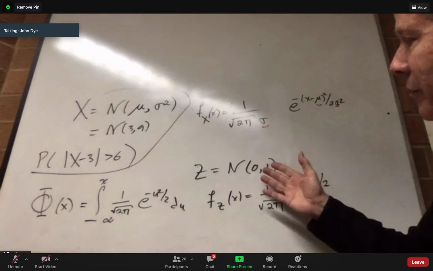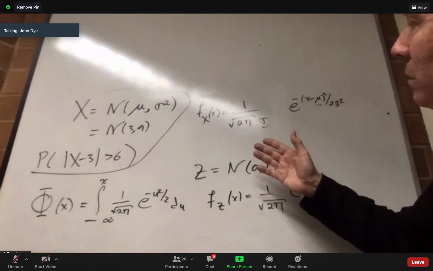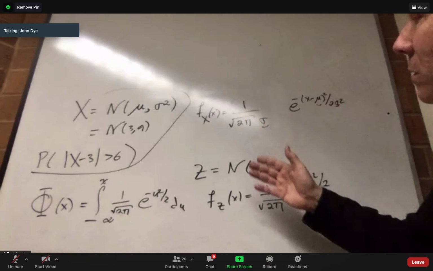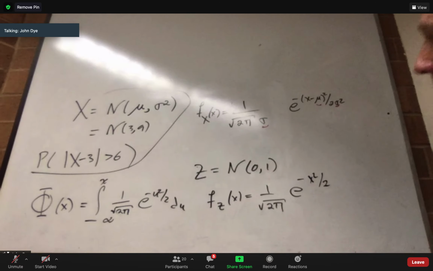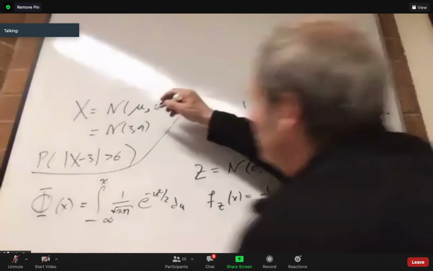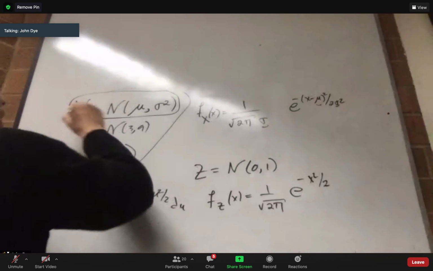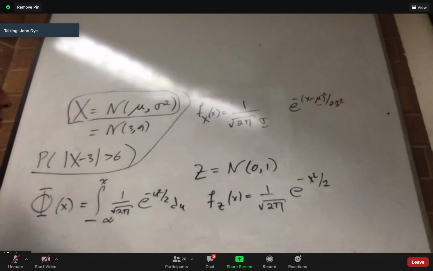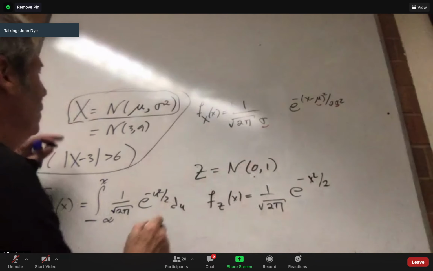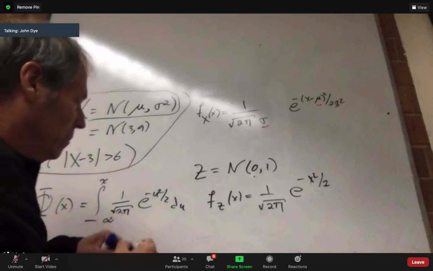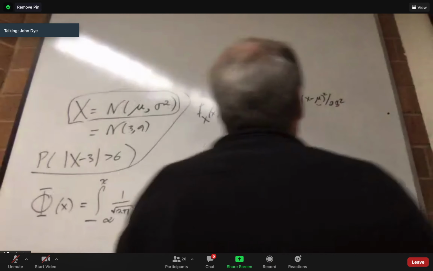The serious thing is, suppose you have this. How do you transform this into a standard normal of this type right here? Well, the transformation goes like this.